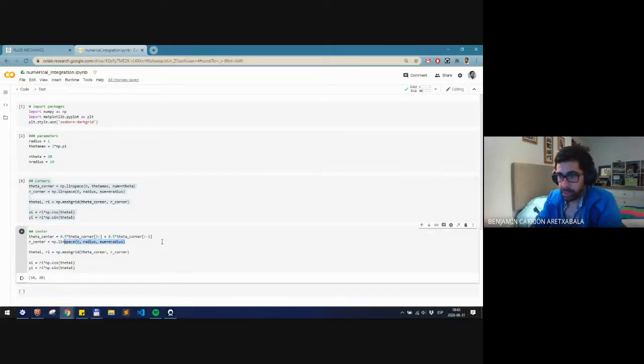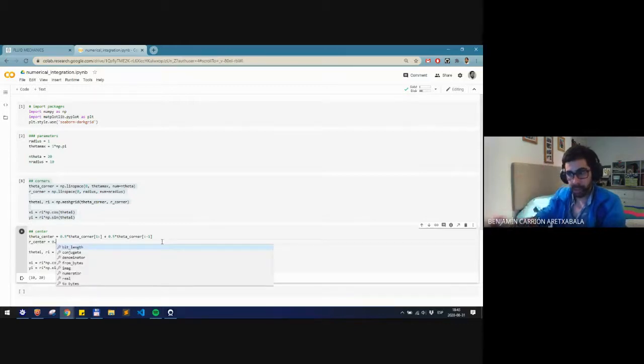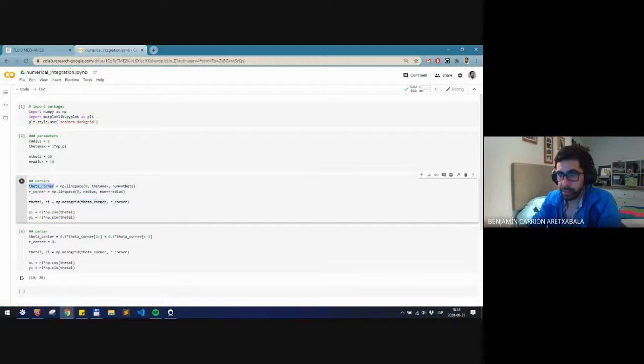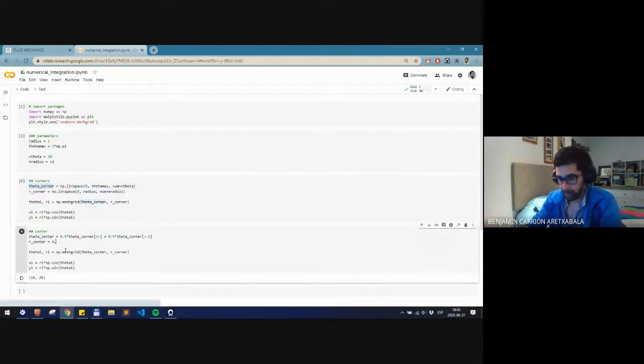So this theta center vector is just the mean point of the corner vector. We can do the same with the radius: the corner from 1 on plus half the spacing, up until the last one. And we're going to code the center with j's instead of i's.